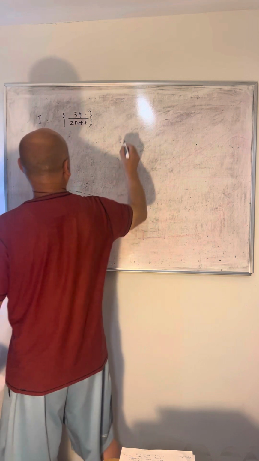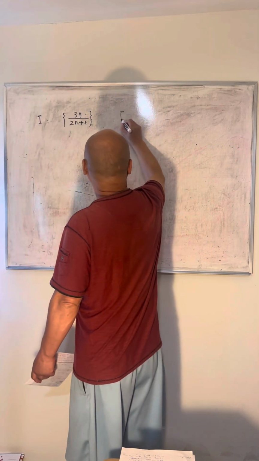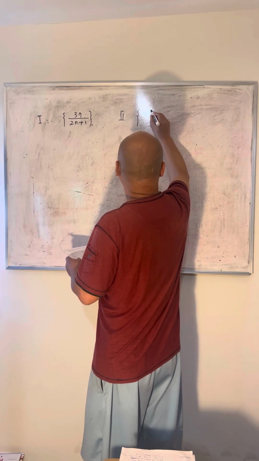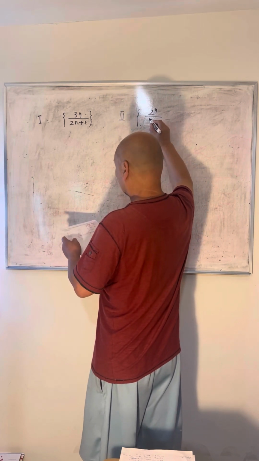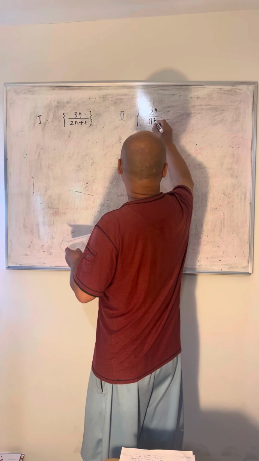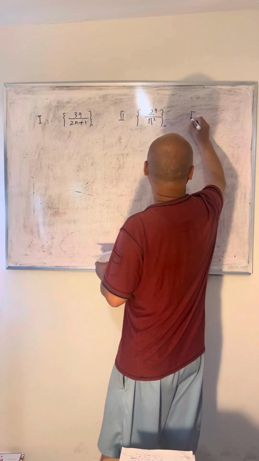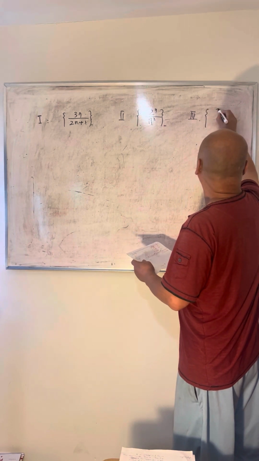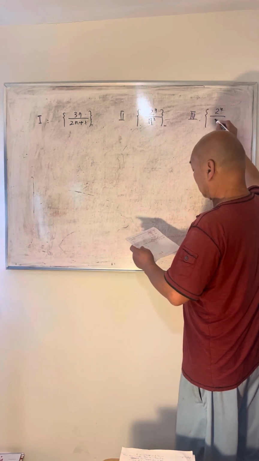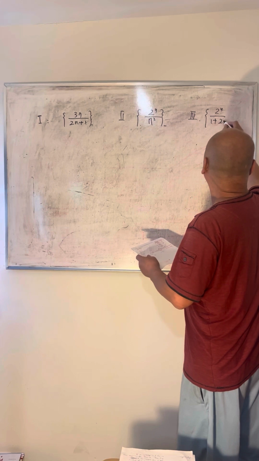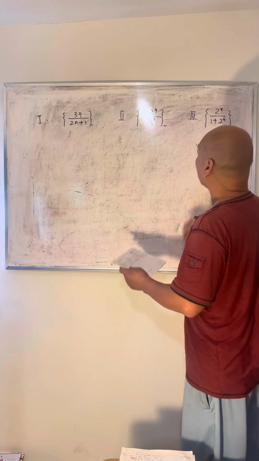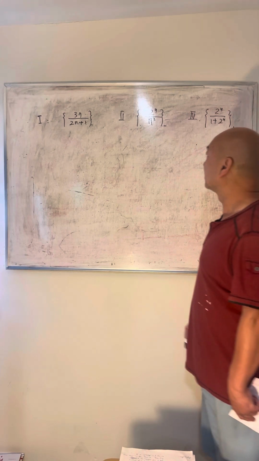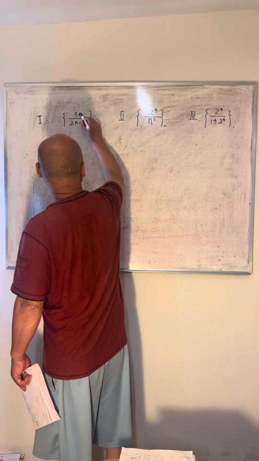Second: 2n over n squared. Third: 2n over 1 plus 2n. These are sequences. Now, which one is convergent, and which is divergent?